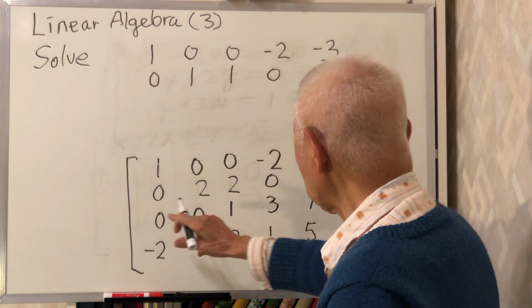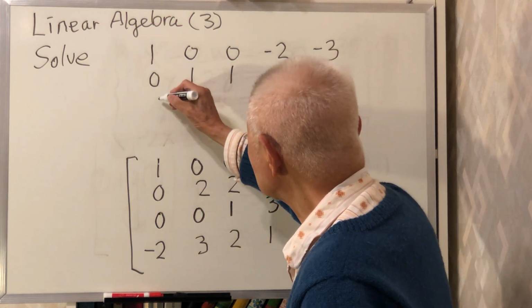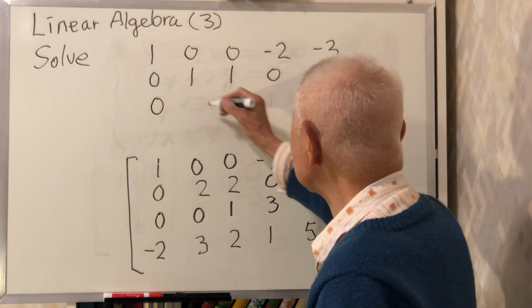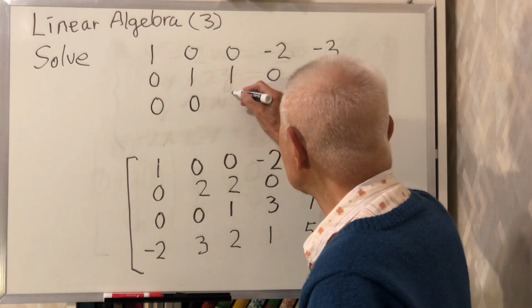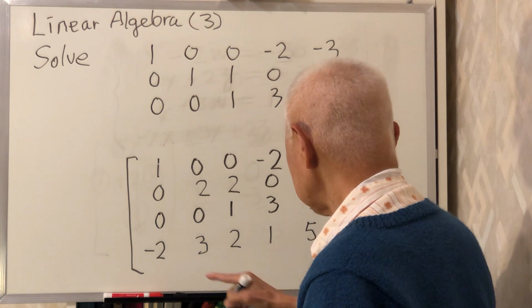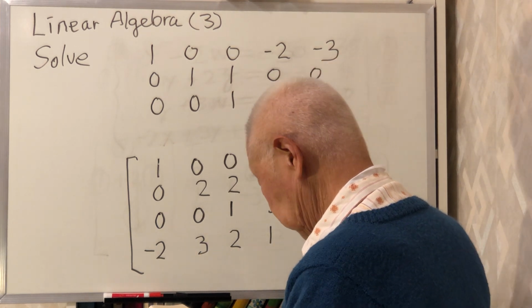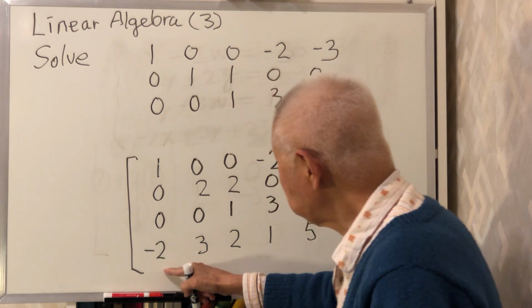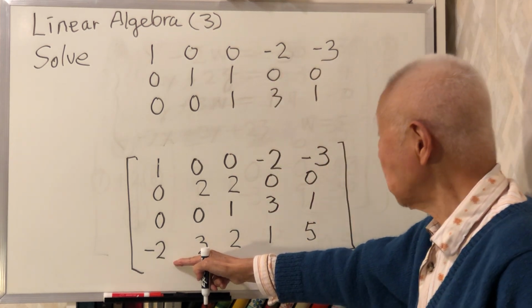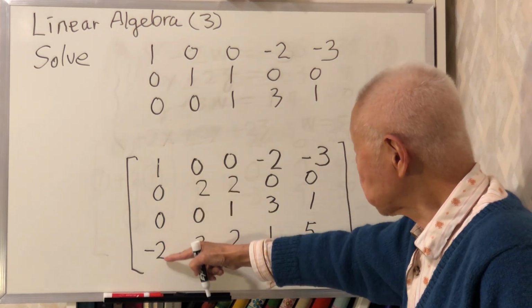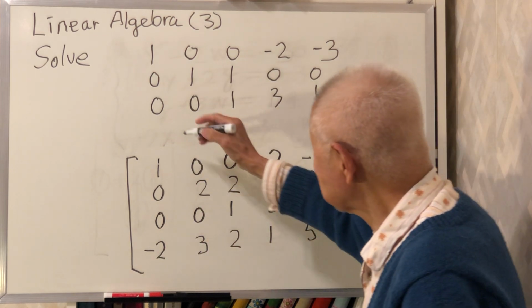Let me keep this row: 0, 0, 1, 3, 1. And the next, I want to make this 0. So I multiply this by 2, add to here, and I get 0.